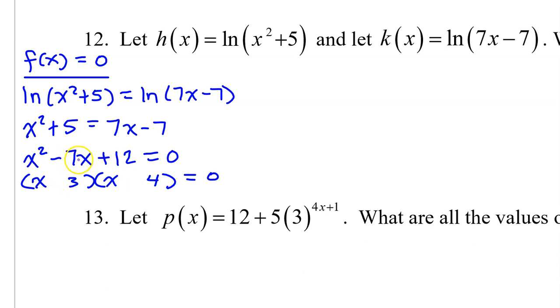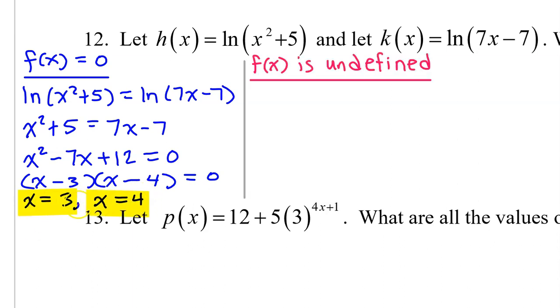To make the negative 7x in the middle, we need a negative 3x inner and a negative 4x outer. Also, negative 3 times negative 4 gives us the positive 12 that we also do need. By the zero product property, we know that x will equal 3 or x will equal 4. These are the first two critical values that will go on the sign chart later.